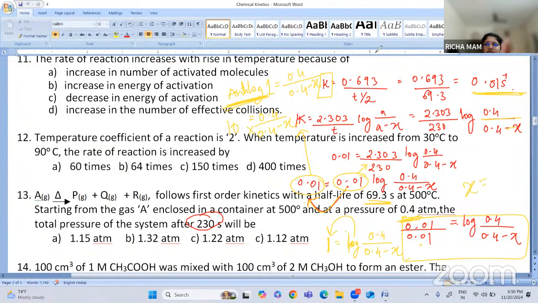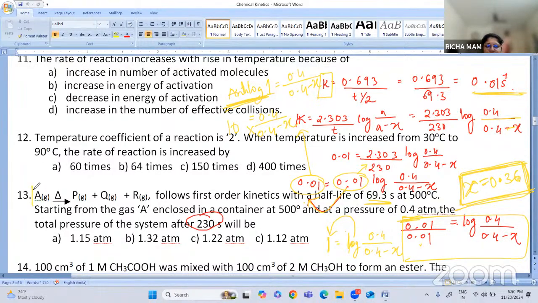So what will x be? Just see what your x will be. Okay, x I'm getting as 0.36.